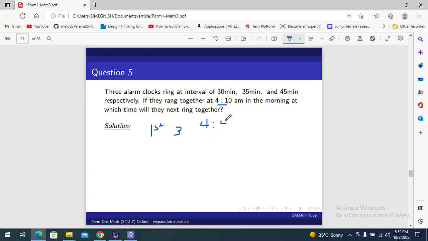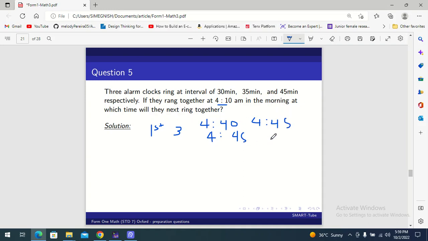That means 4:40. The second ring for the second clock would be 4:45. Similarly for the third one, you'll get 4:55 because you are adding the minutes here.